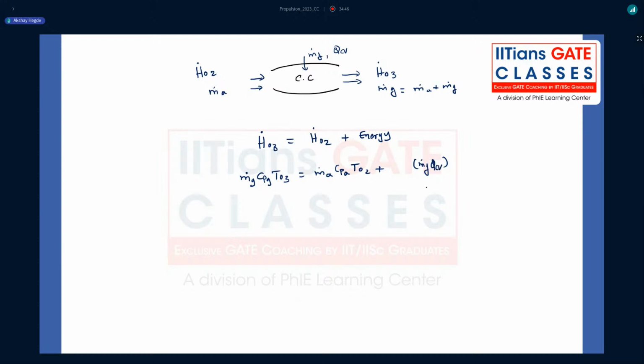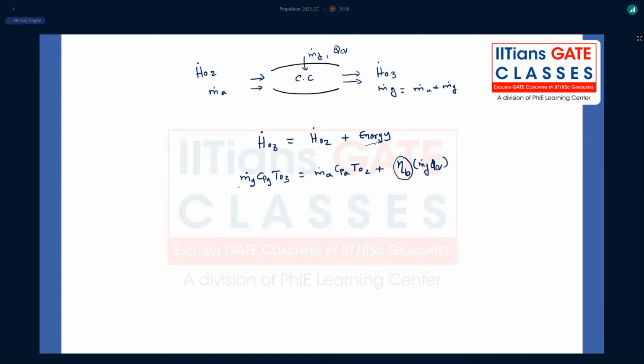That is the maximum energy you can extract from the fuel, but out of which only this much percentage is used as the energy addition. So this gives me the efficiency of the combustion.